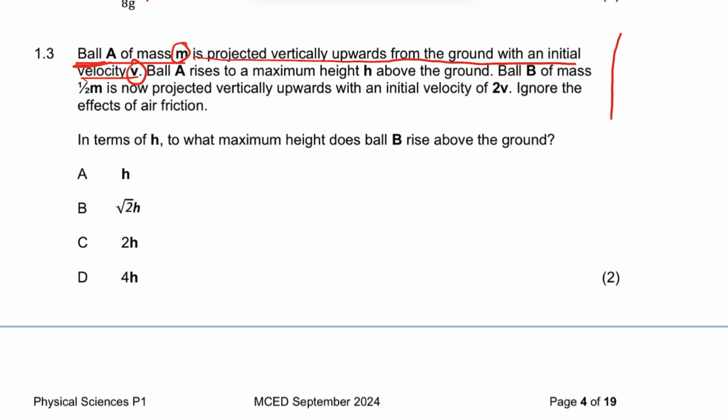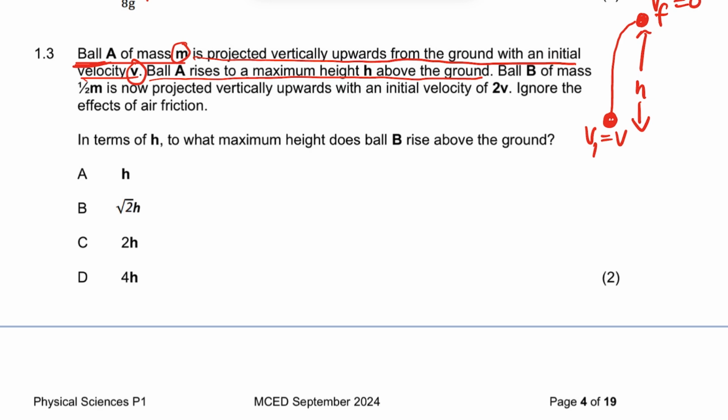This ball is projected upwards. It says ball A rises to a maximum height above the ground. So this ball is projected from here with an initial velocity v, and of course it reaches the height h, and it reaches that height h with a final velocity of 0.